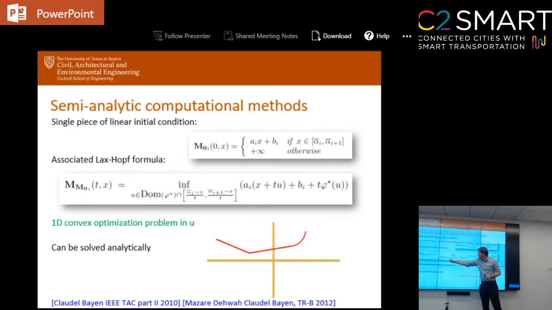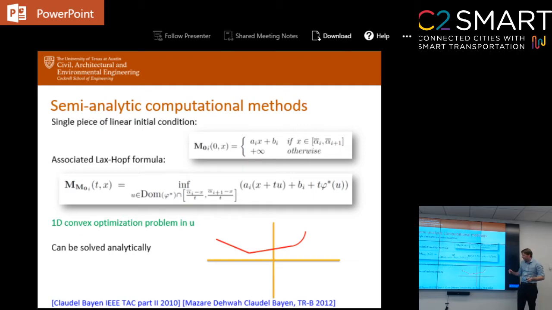The constraints are convex because it's a domain of a convex function, and here you have also an interval, so that's convex, and that's the intersection of two intervals. And here you have an objective that is not linear, but also convex in this variable u, because this is a convex transform multiplied by a positive parameter, and here you have a linear function of u. So you get a convex function of u over a convex interval, and that's very easy to solve.